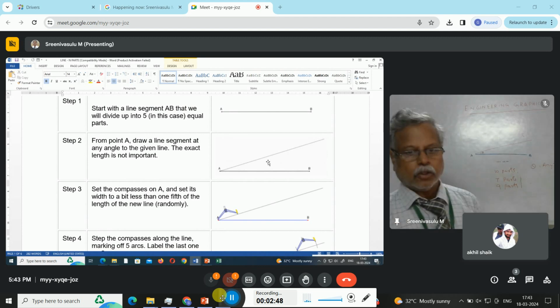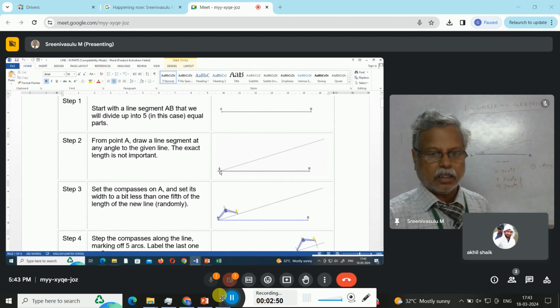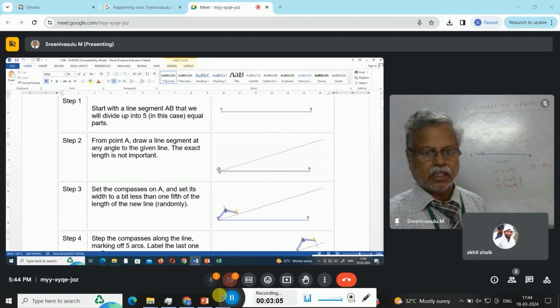You can draw either from A in the upward direction or from B in the upward direction, and again from A in the downward direction or from B in the downward direction. Means the starting point may be A or B, and it can be drawn in either the upward or downward direction. So that is your step 2.